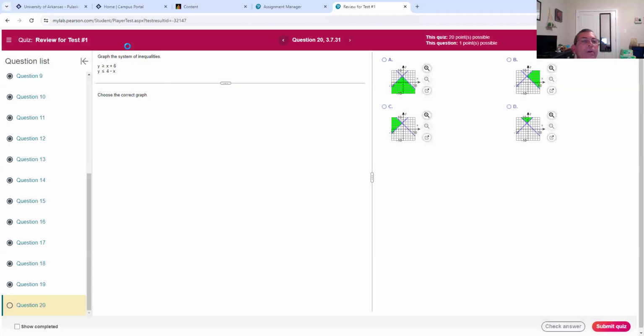And I think the last one is a system of inequalities. So you're going to graph both of these, and you're looking for the double shaded section. So let me write these down real quick. So I'll do this by hand, and then we'll knock it out on our calculator.